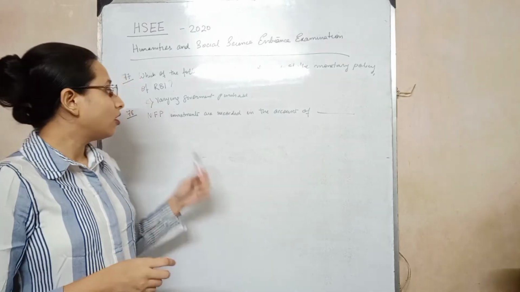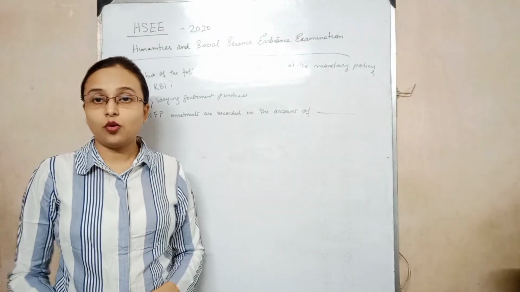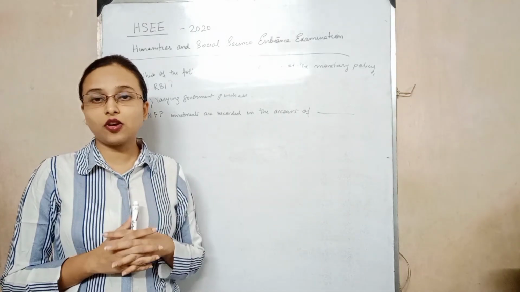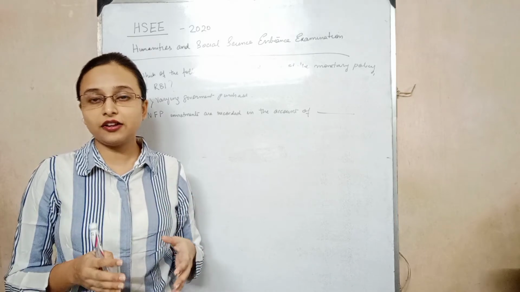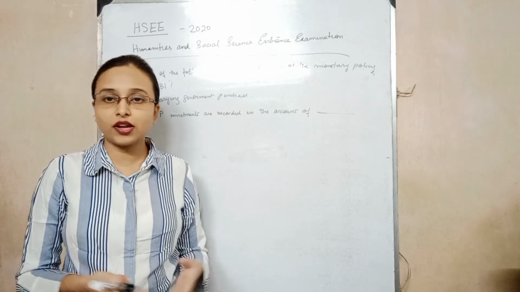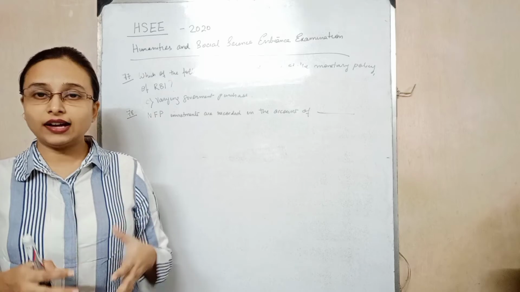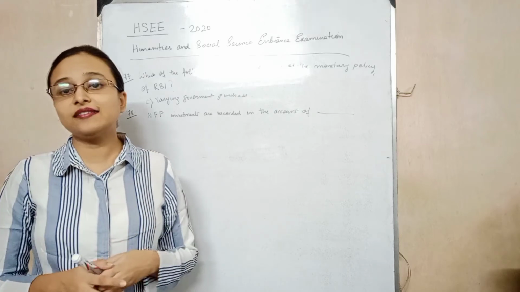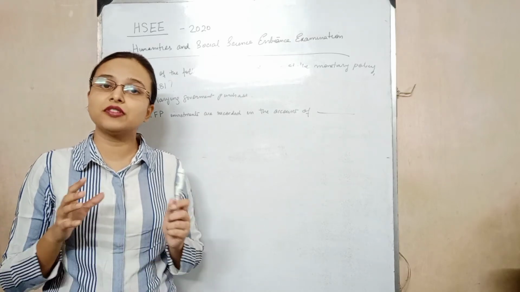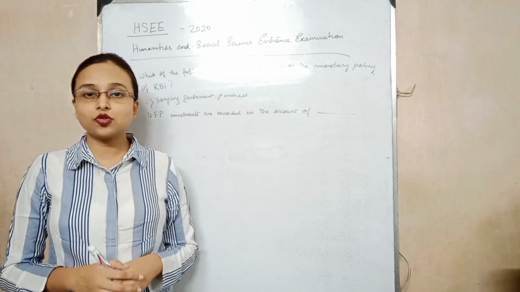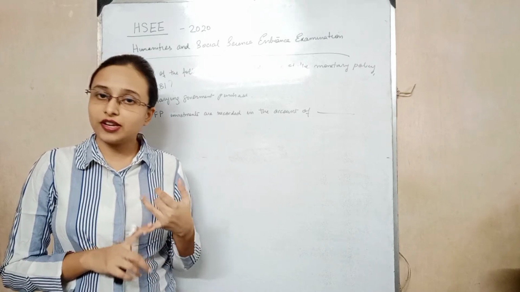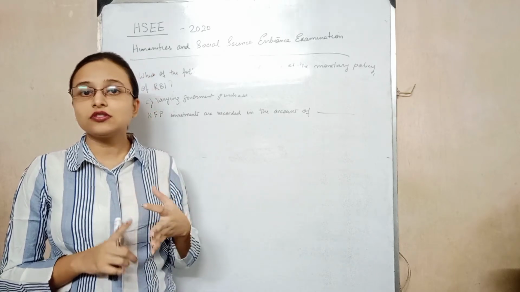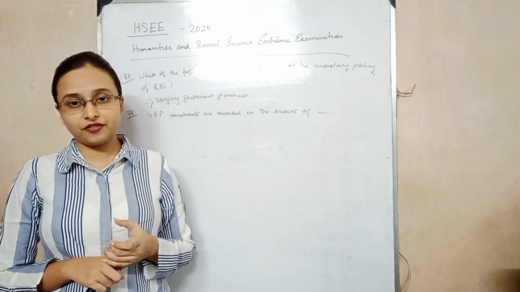So in the account of, now this comes with a little bit of the concept of accounts. If you're well enough thorough with it, then you can understand, or else you can understand through India's balance of payments. The options given are trade account, current account, capital account, and reserves account.